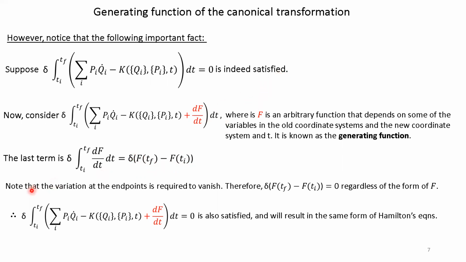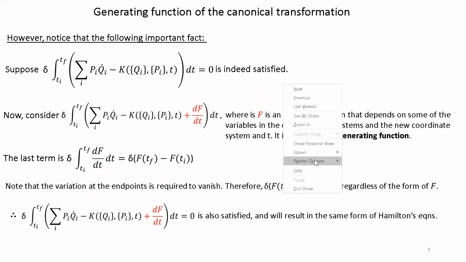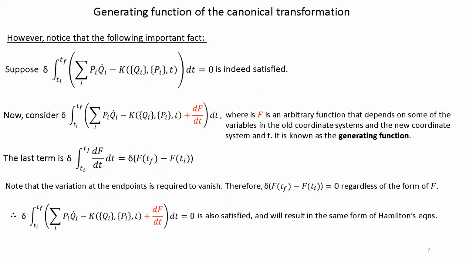Because the variation at the endpoints is required to vanish. Right at the beginning, when we learned about the calculus of variation, at the starting point and the end point, you are free to pick any path. When you vary from this path to this path, these are the variations that we have, but between these two paths, this point is still the same at the two endpoints.